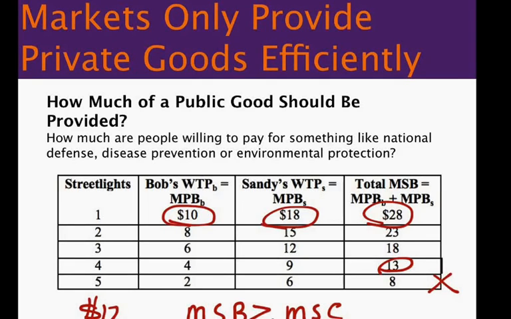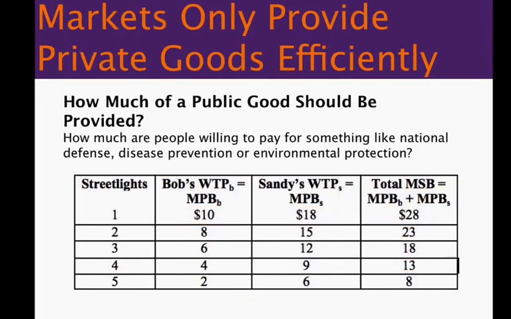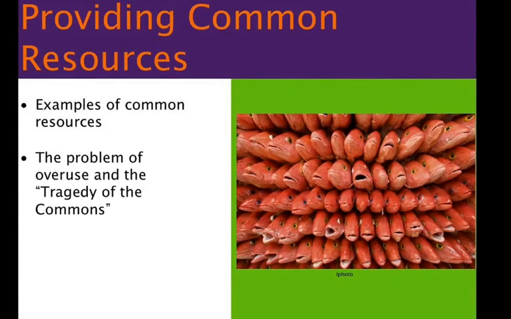Of course, it's possible that Bob would want to free ride on Sandy's willingness to pay, and Sandy would want to do the same. If we can get a street light without paying, wouldn't that be better than paying at all? Well, that's not necessarily so, but there's something called common resources. So let's take a look at common resources, like fish in the sea.